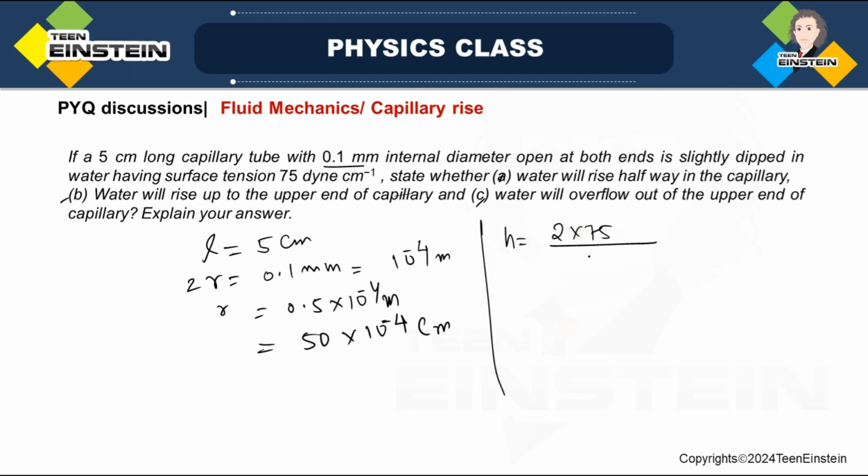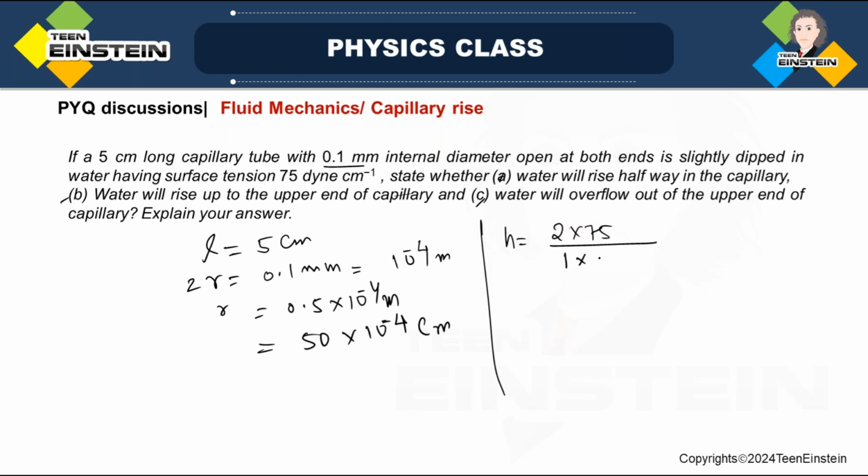Cos theta is 1 by rho rg. Rho, yes, it is water, right? The tube is slightly dipped in water, yes. So your water in CGS unit, rho will be 1.